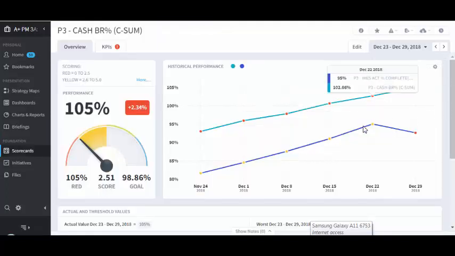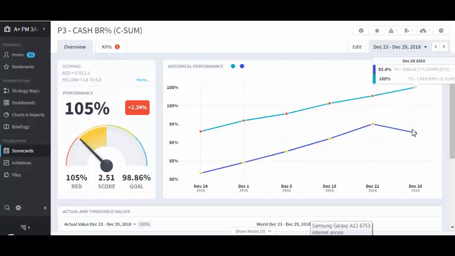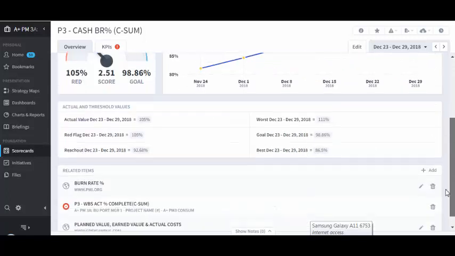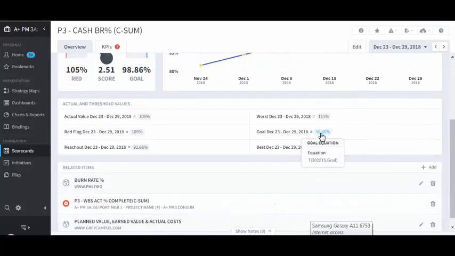And we see here that these are the metrics, and these are the performance measurements for that specific time. The work breakdown structure based on budgeted dollars is only at 92.6, which is underperforming to the targeted amount, which was supposed to be at 98.86, right?